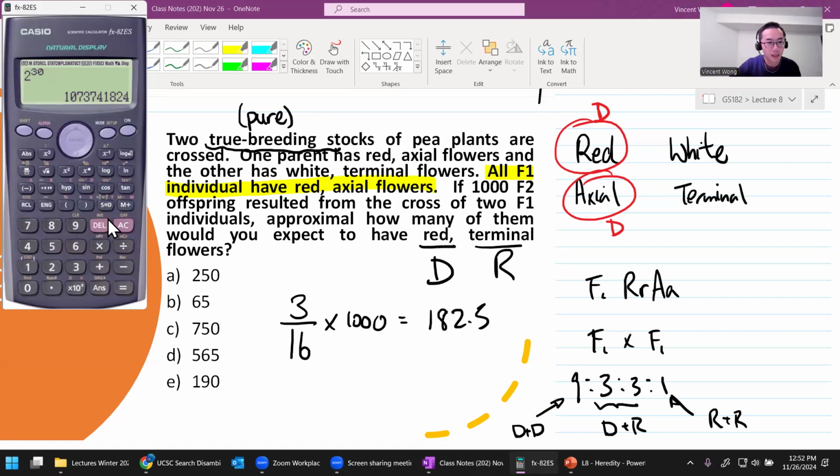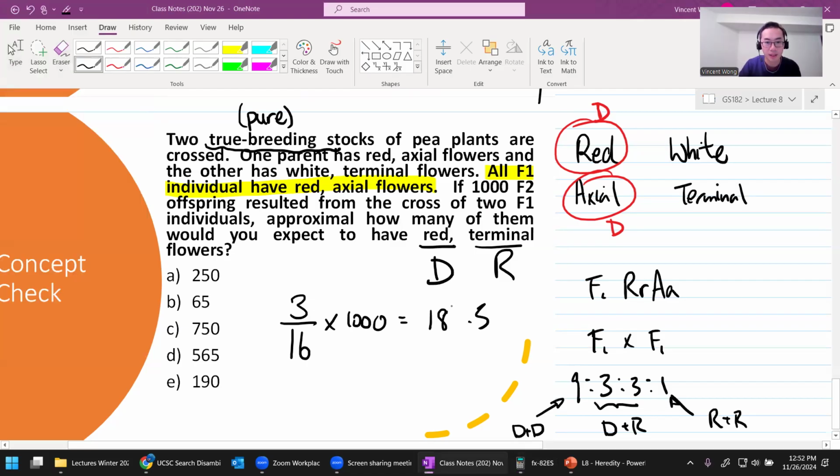In case you don't know how to do it, 3 times 1,000 divided by 16. Okay, so that's 187.5, right? But because it's not exact, like I said, these are just probabilities. That's why you wouldn't find 187.5 of a flower. So you just find the closest number, which is what Uthman said before. It's 190.